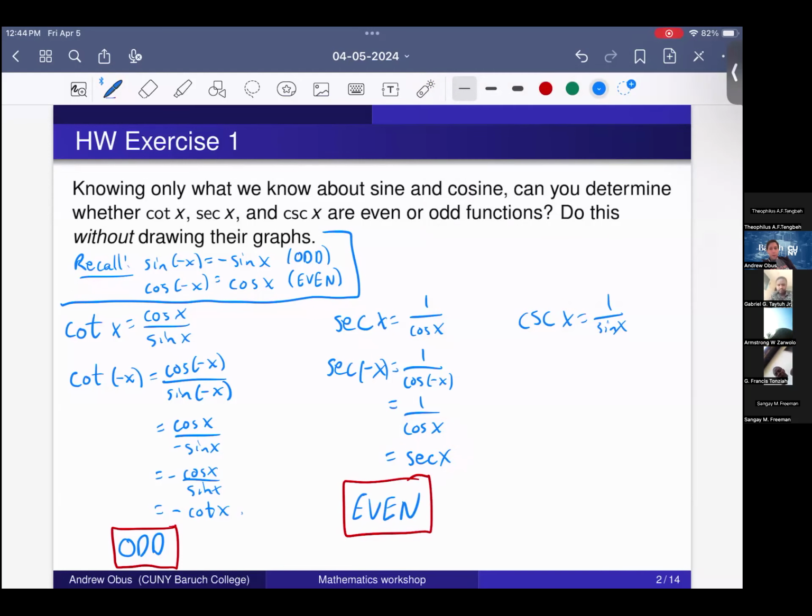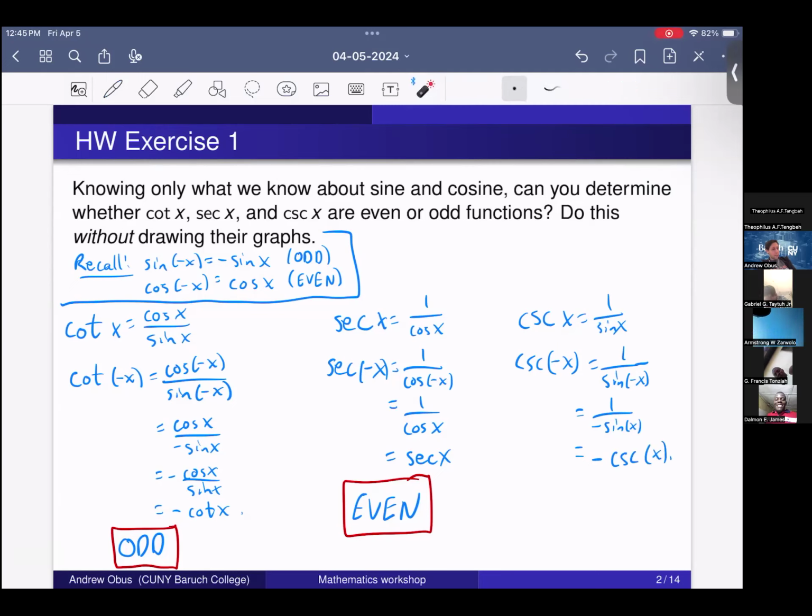And then lastly with cosecant, we can do the same thing. Cosecant of minus x is 1 over sine of minus x. From our facts, we know that sine of minus x is minus sine of x. So this is 1 over minus sine of x, and that's the same thing as minus cosecant of x.